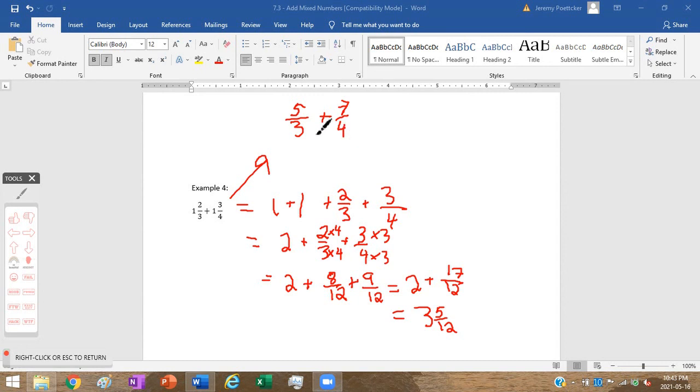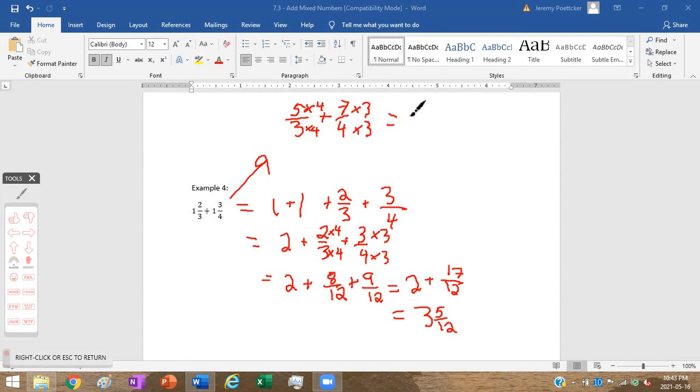Same thing here. I got to change them to have a common denominator. So 3 and 4, again, same argument as we'd have down here. It's going to end up being 12 as our common denominator. So this one's got to get multiplied both top and bottom by 4. And this one, top and bottom, have to be multiplied by 3.